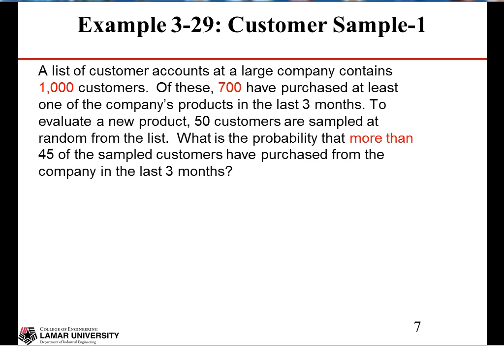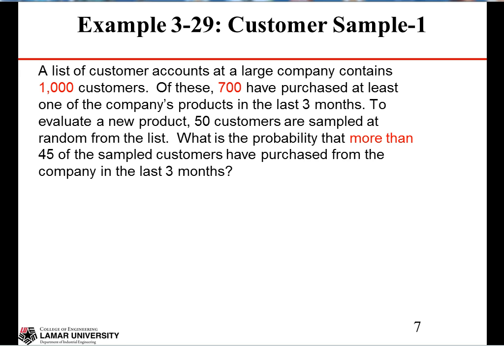Let's look at another example. In this example, a list of customer accounts at a large company contains 1,000 customers, and out of these 1,000 customers, 700 have purchased at least one of the company's products in the last 3 months. So if any customer purchased at least one product from the company, we treat that customer as a success.